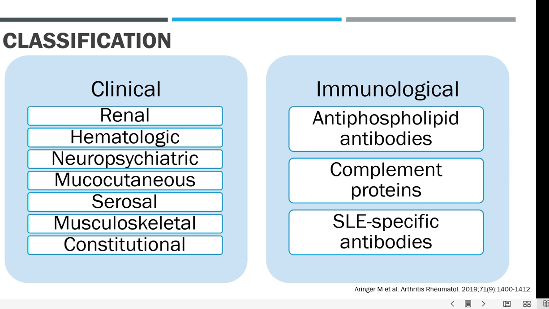For neuropsychiatric, patients can present with delirium, psychosis, or seizure. For mucocutaneous, patients may have non-scarring alopecia, oral ulcers, subacute cutaneous, or discoid lupus, some of the presentation that we previously saw. For our serosal presentation, pleural or pericardial effusion that could lead to pericarditis, as well as musculoskeletal or joint involvement and constitutional patients presenting with fever.